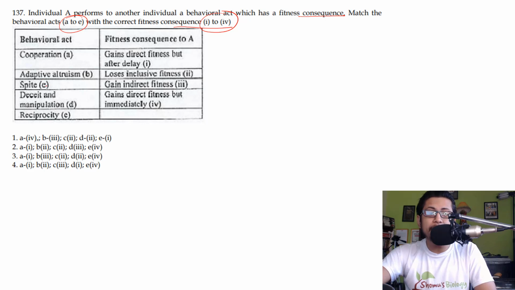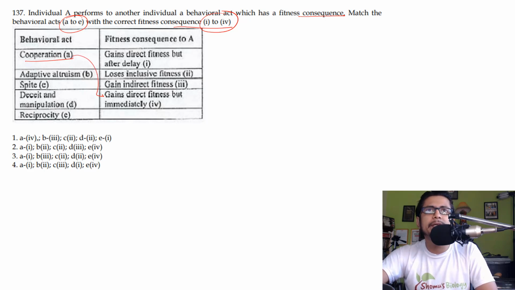If I look here, which among these four explains cooperation very well? Gains direct fitness but after delay; loses inclusive fitness; gains indirect fitness; gains direct fitness but immediately. So cooperation is something that occurs immediately, instantly.